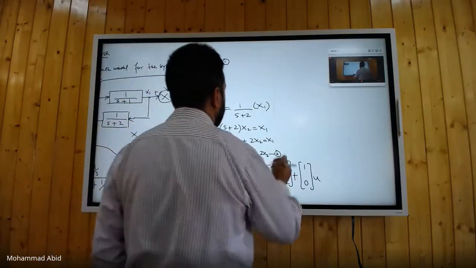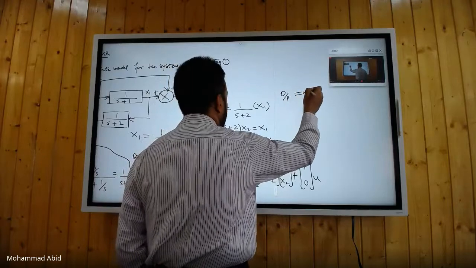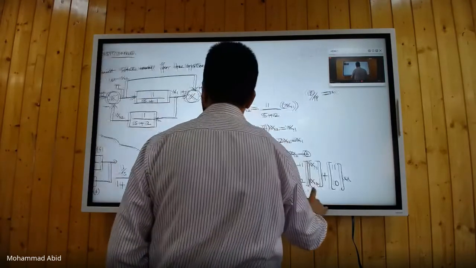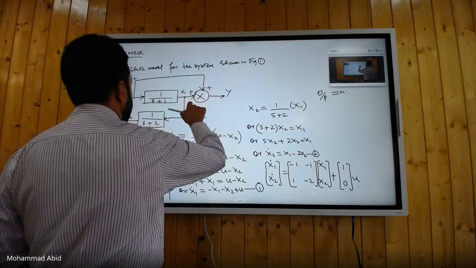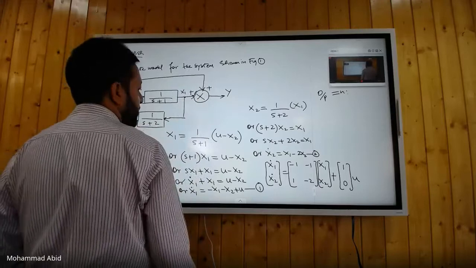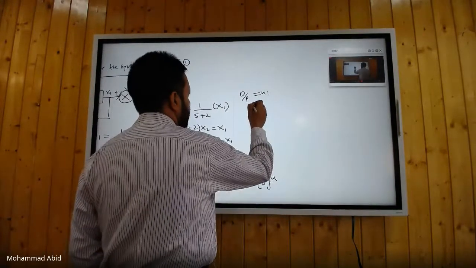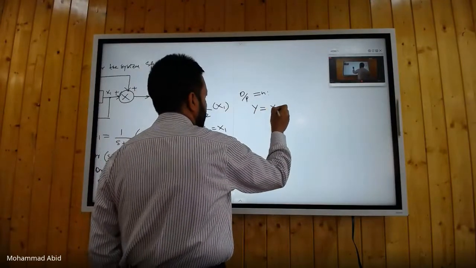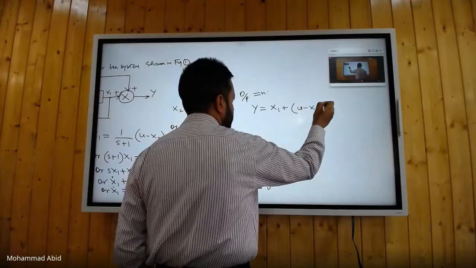Now tell me what will be the output equation? Output equation will be y is equal to the sum of these two signals. That is x1 plus this. That's plus u minus x2. So y is equal to x1 plus u minus x2.